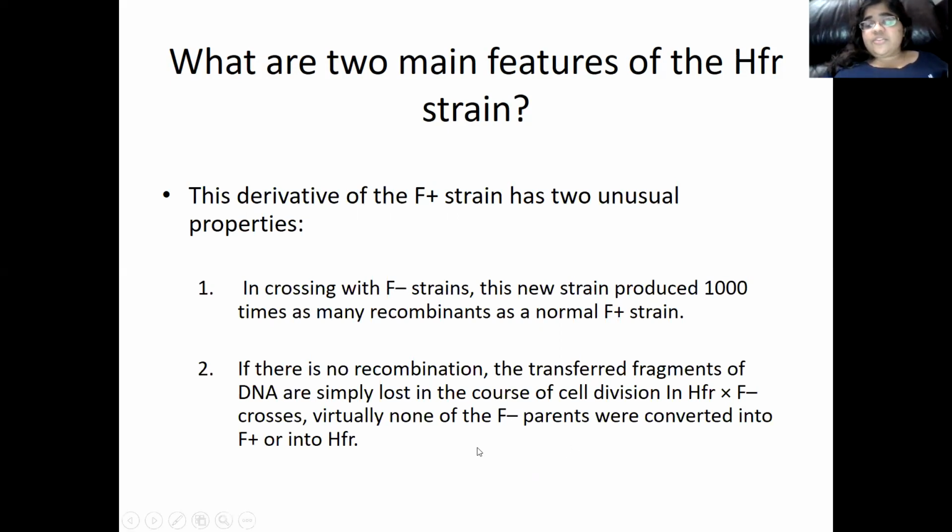So in these cases where you have HFR and F negative, where these haven't actually recombined, virtually none of these F minus parents end up converted to F positive or into HFR strains.